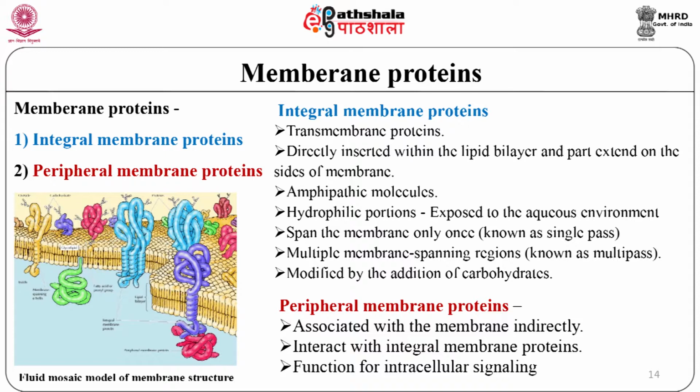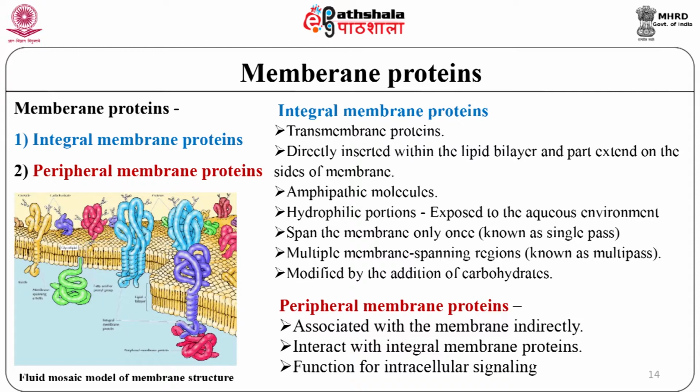Another class of protein is peripheral membrane proteins. They are associated with the membrane indirectly and are not inserted into the lipid bilayer. These proteins generally show interaction with integral membrane proteins.